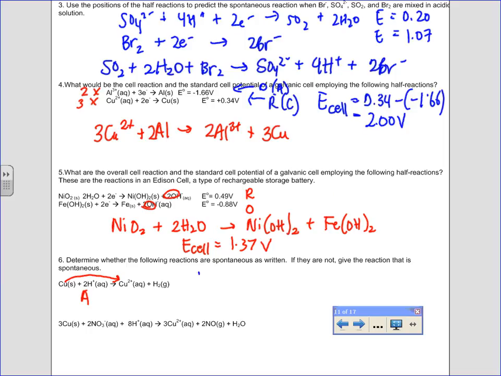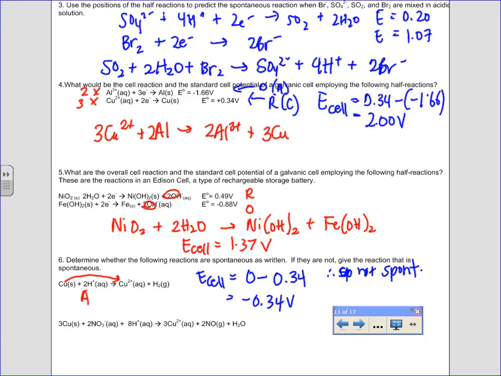So when you find the cell potential, we're going to take the hydrogen electrode, which is 0, and we're going to subtract the copper reduction potential, which is 0.34. And so in this case, we have a cell potential of negative 0.34. Okay, it's less than 0. So the reaction is not spontaneous.